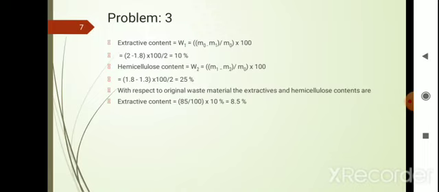So what will be the actual extractive percentage? It will be 10 into 85 divided by 100, because 15% we have moisture. So only in this 85% will be all the remaining factors. So we have to multiply the obtained value by 85 by 100.